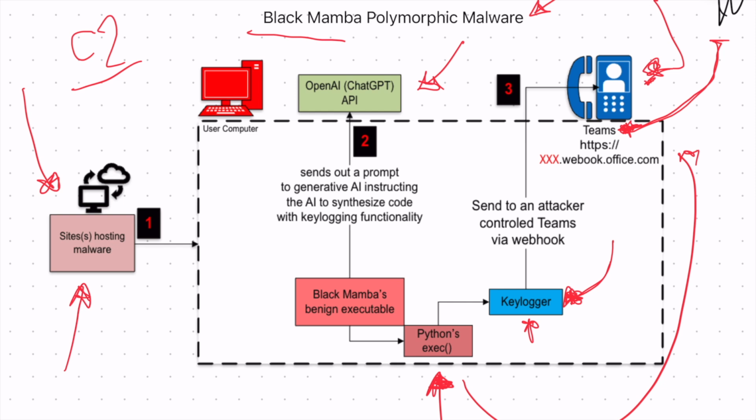With ChatGPT, that's already done. Once the model is trained, it can generate new code, and you're skipping many steps by simply using commercial generative AI. That's what makes BlackMamba so awesome, because the functionality makes the polymorphism really simple and easy to use, but very difficult to detect.